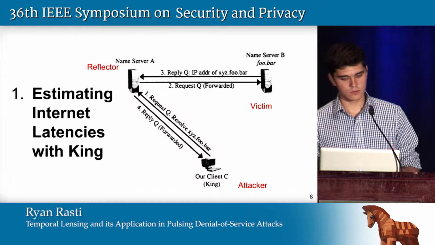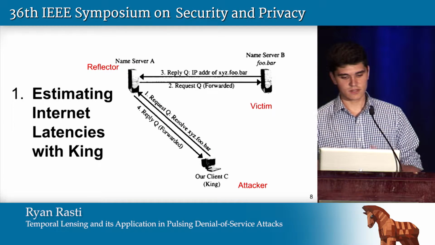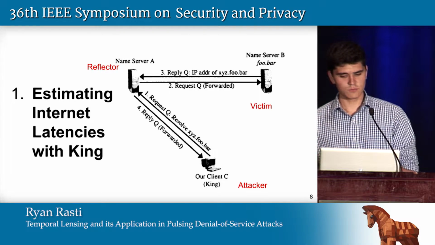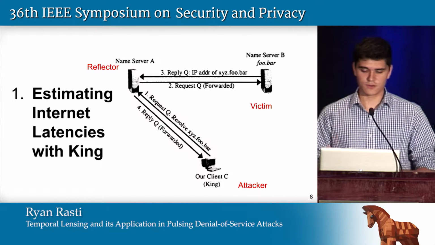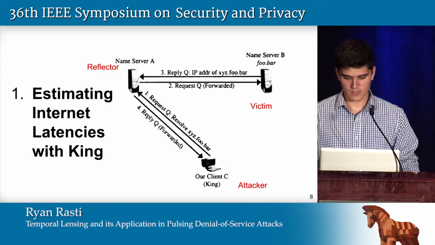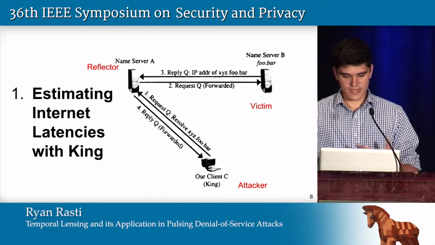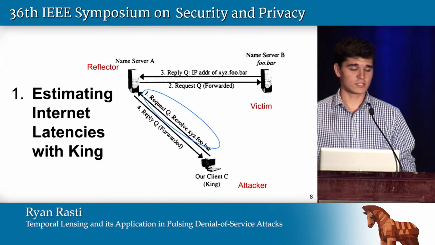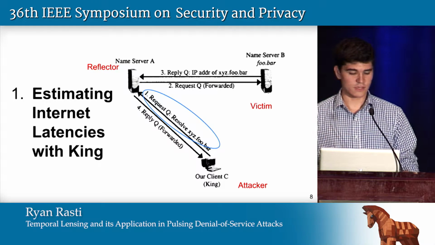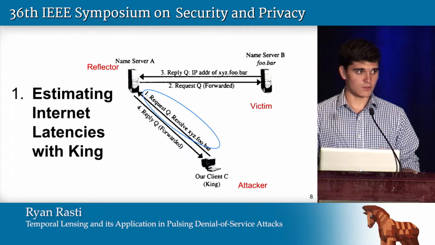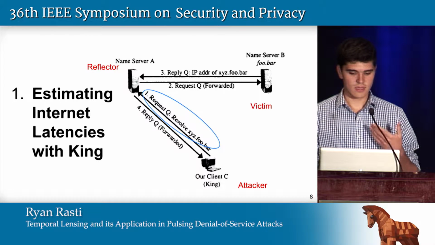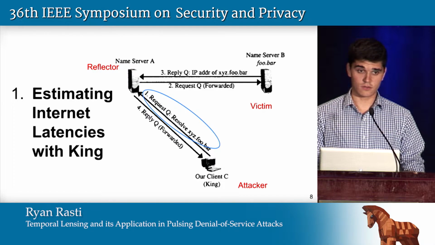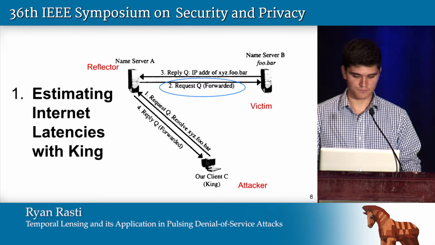The way we can make these measurements is that the reflector will be an open DNS server, and the victim will be a DNS name server, here authoritative for the domain foo.bar. Step one, the attacker sends a request for a subdomain of foo.bar, here XYZ. The resolver gets this request, and it doesn't know the answer, so it forwards it to the authoritative server for foo.bar, which is the victim.